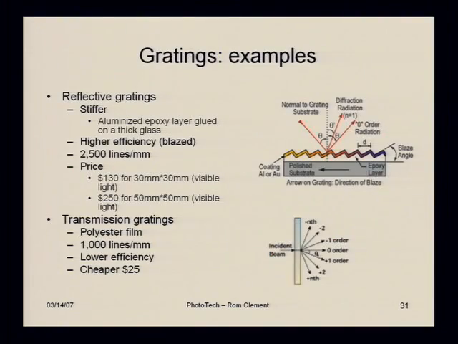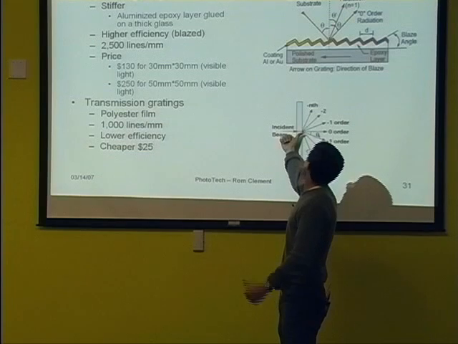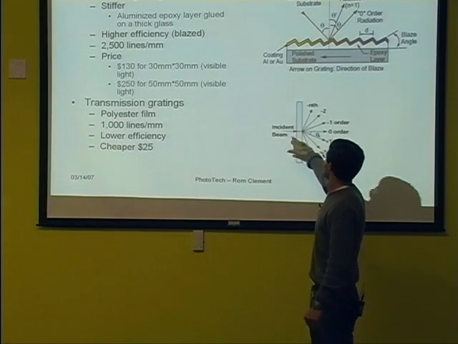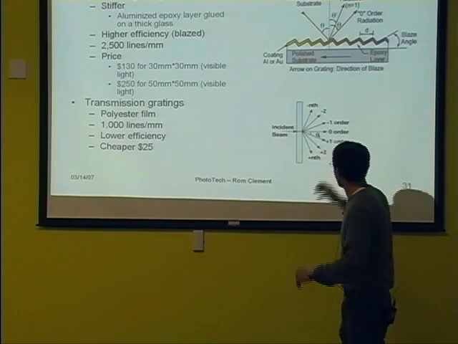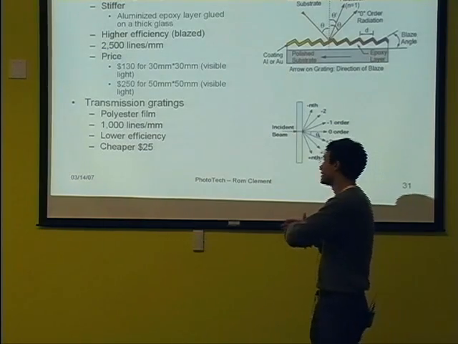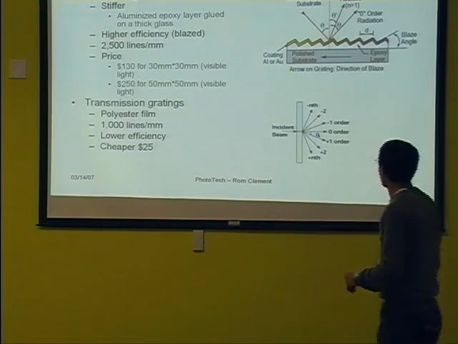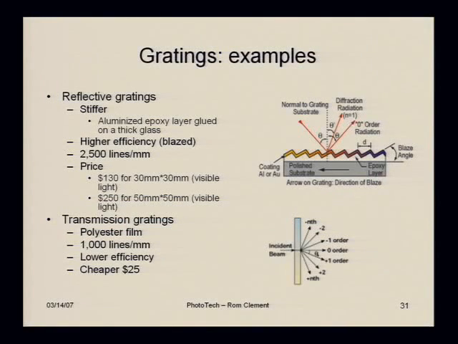The way it works is that the light, in the case of transmission gratings, is coming from one side and goes through the grating, and the light is diffracted according to certain orders. I will explain later what an order is. In the case of reflective gratings, it's the same thing, but with reflection.